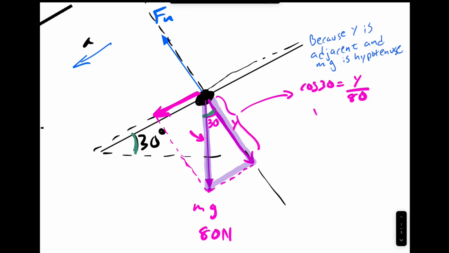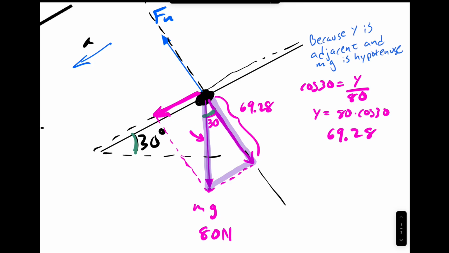When I cross multiply, I get y equals 80 times the cosine of 30. When I calculate that, it is equal to 69.28. So I know that this component vector is going to be 69.28.